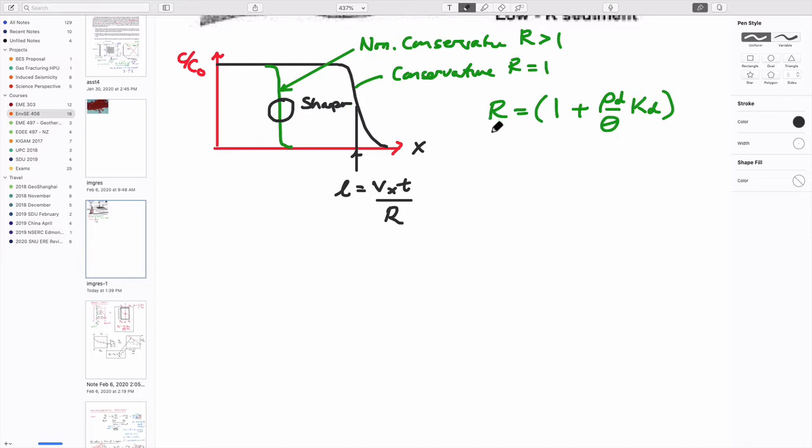So the larger the value of the retardation coefficient, the sharper this front would be. And it also conditions the behavior in terms of arrival.